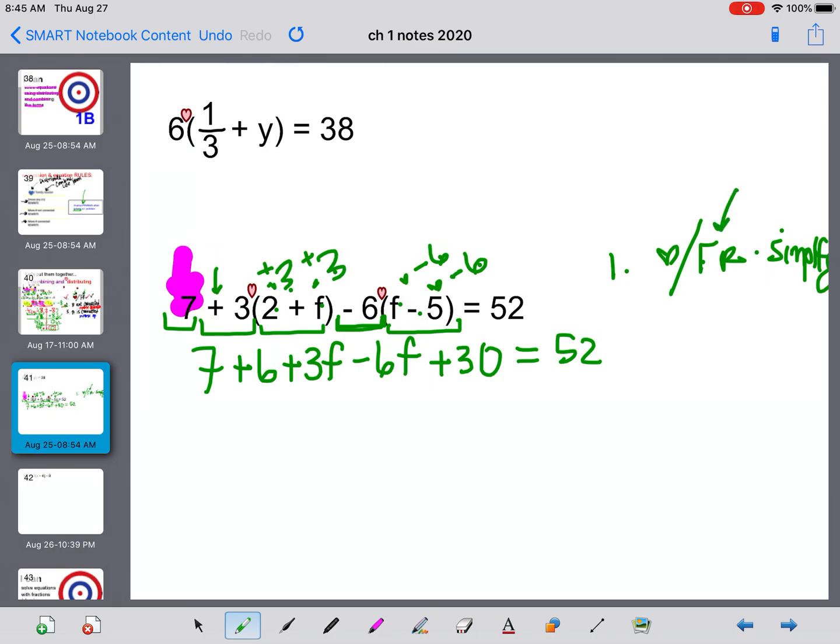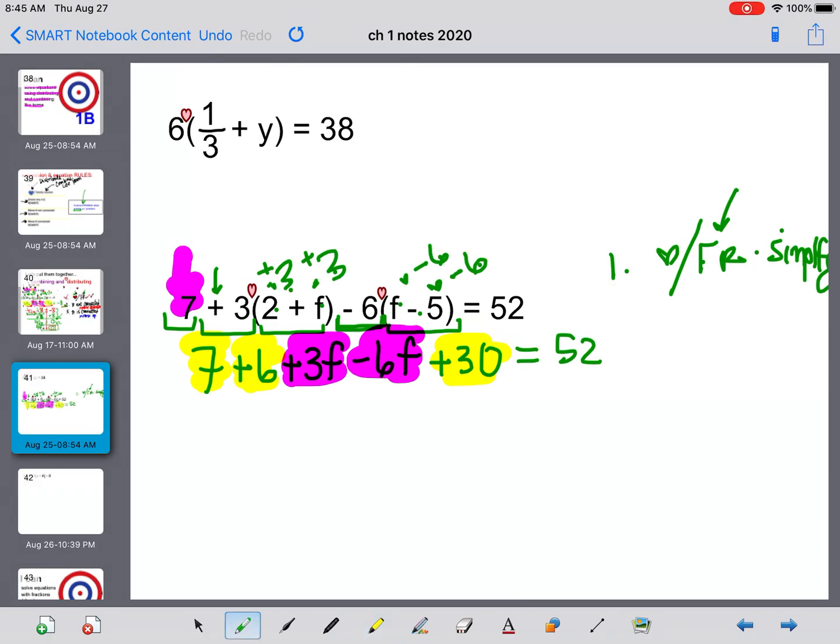So once I've done that, then remember I need to do a family reunion. So now I'm going to combine all of the terms together that are alike. And so I combine the positive 3f with the negative 6f, and then I'm going to combine all of my integers together.